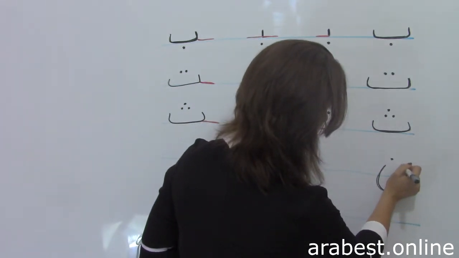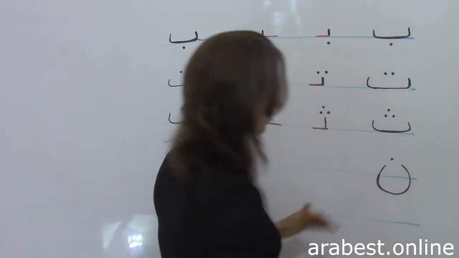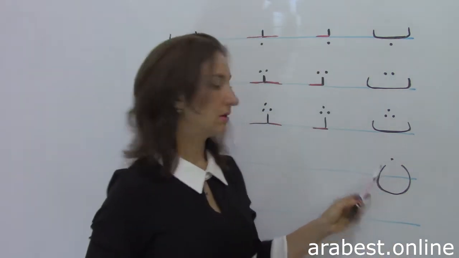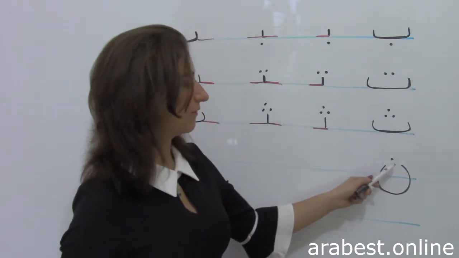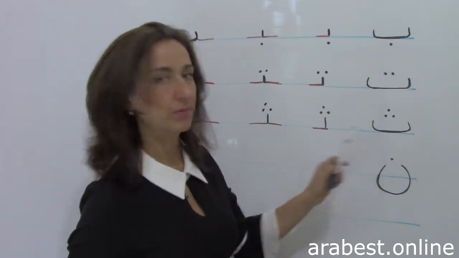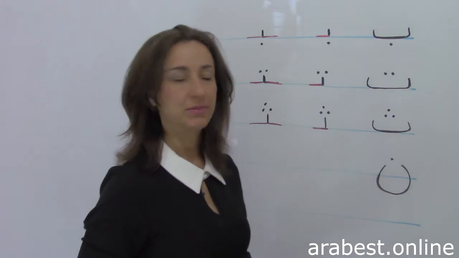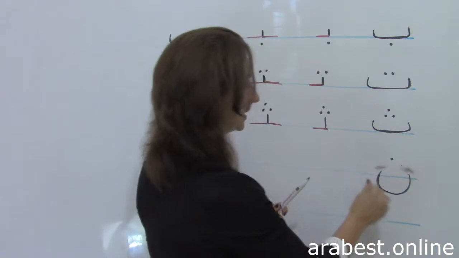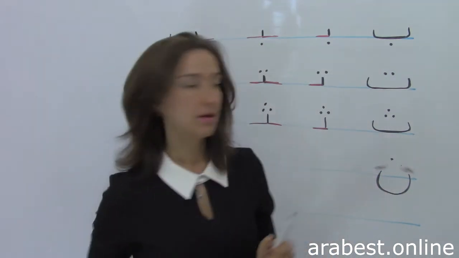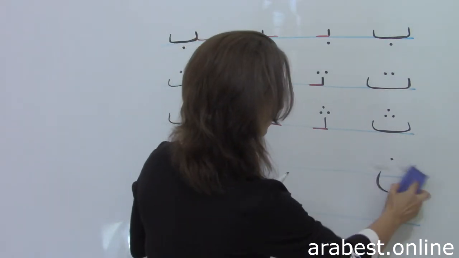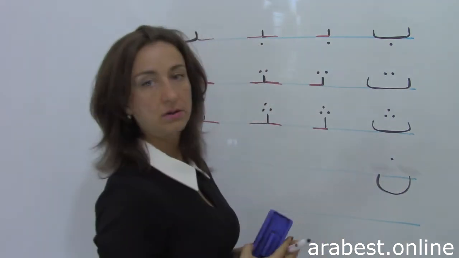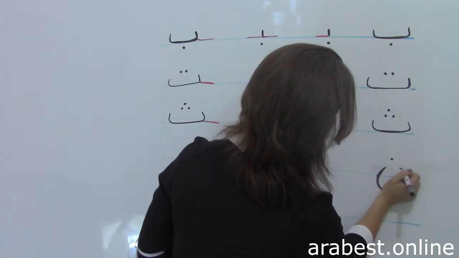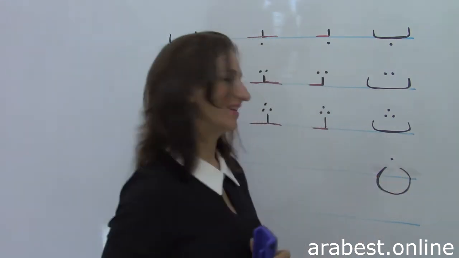It looks quite different from the previous letters. But just one bite. Don't write it down like somebody already ate it. Don't make it like that. No, just one bite. So, like that.